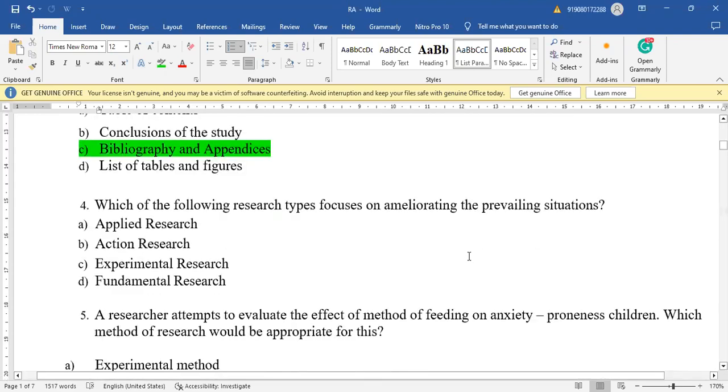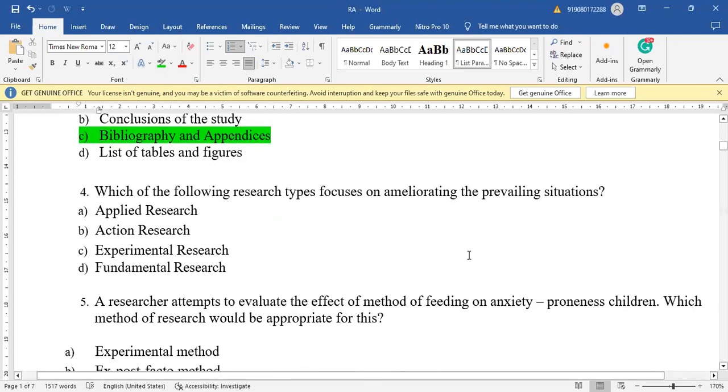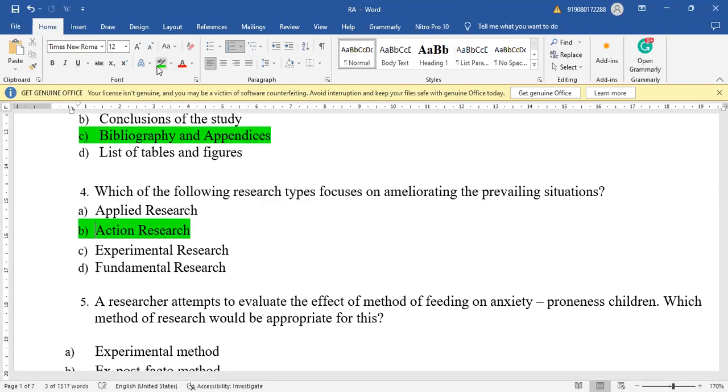Which of the following research types focuses on ameliorating the prevailing situation? Again, a direct question from our notes, from our classroom. Action research, sir. Very good. Action research. Ameliorating means getting a betterment from the existing situation, that is, the prevailing situation.